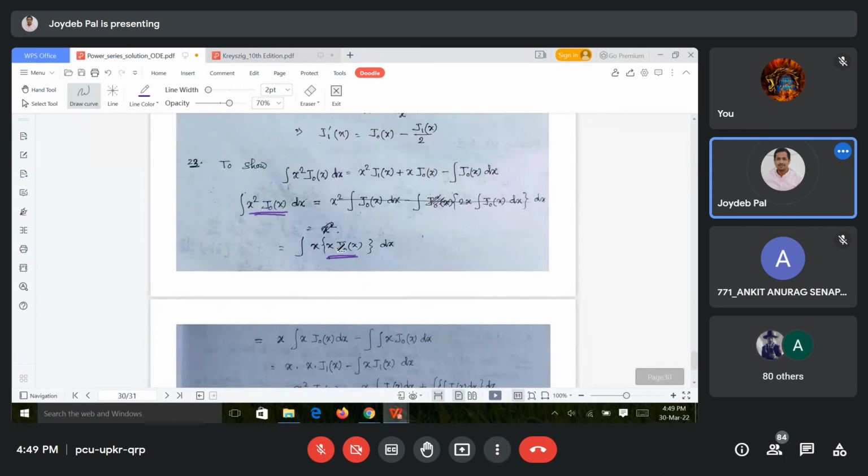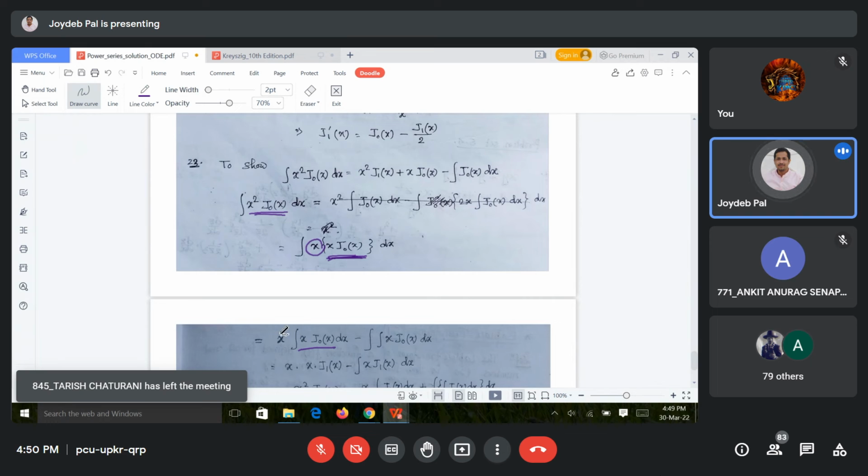So now in the by parts formula, you take that x as the first function and the remaining as the second, because in the Euler formula there is the integration of the second function. Right. So by parts: x into integration of x j naught x, minus integration of d dx of x, that is 1, and another integration of x into j naught x dx.